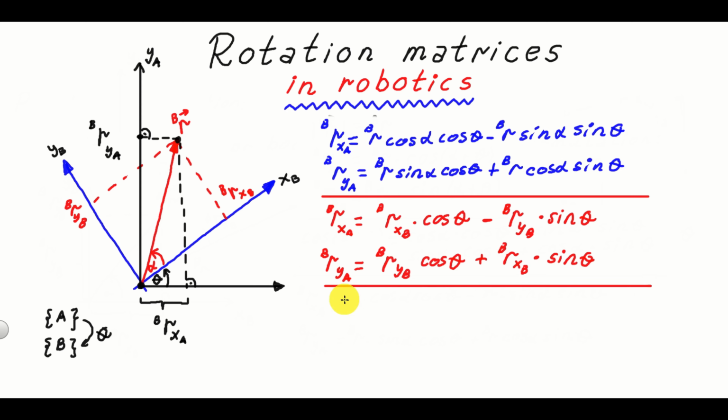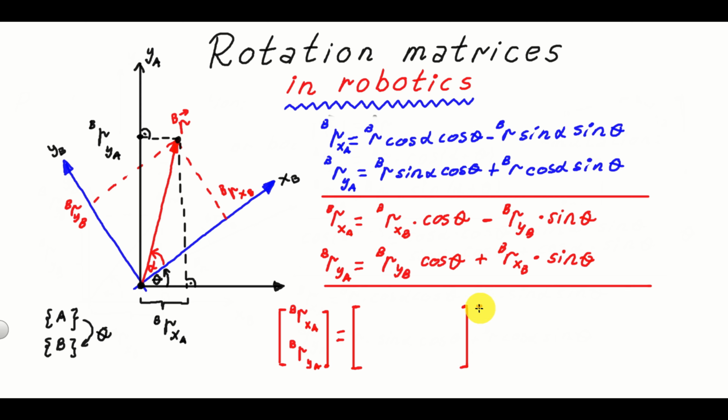Next, let's write these two equations in the vector form. Let's start from here since we will need some space. Over here, I will have RXAB, RYAB, then I will have a matrix, and for the time being, I will just write an empty matrix.